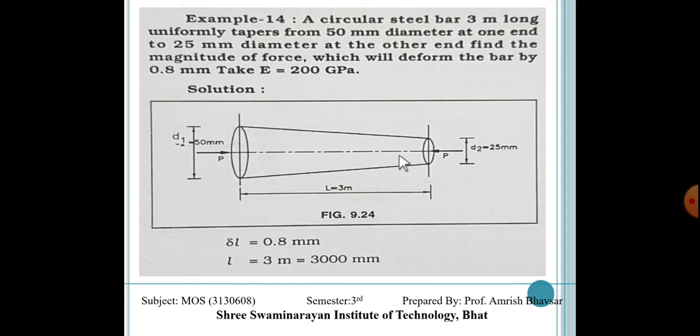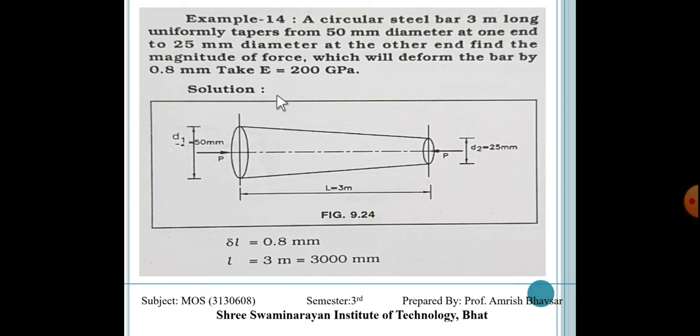This is our tapering section. The diameter at this side is equal to 50 mm and this side is equal to 25 mm. So this is called D1 and this is called D2. The length of this bar is 3 meter, and the axial compressive force we have to find out.